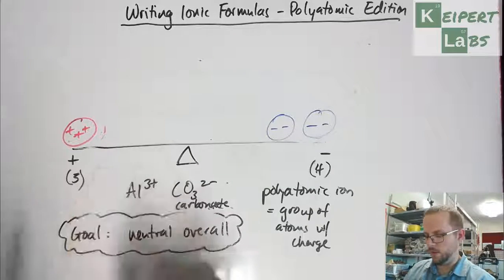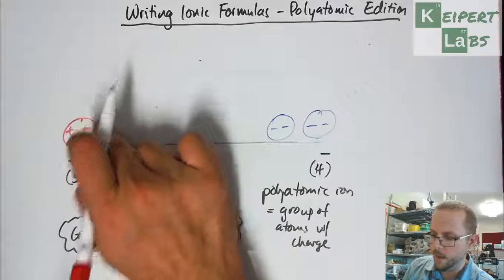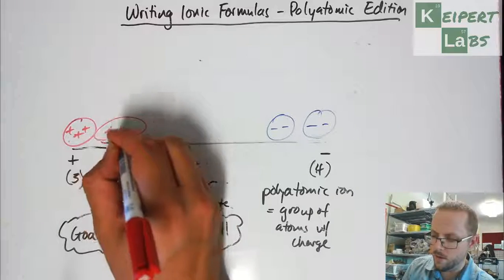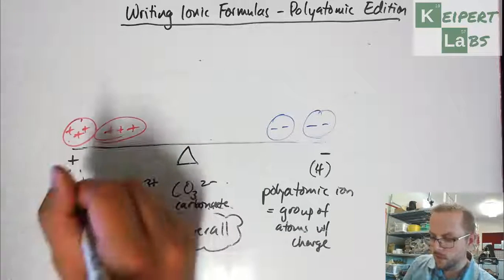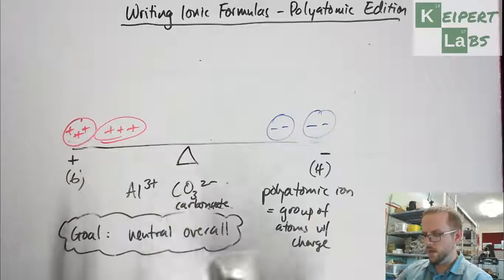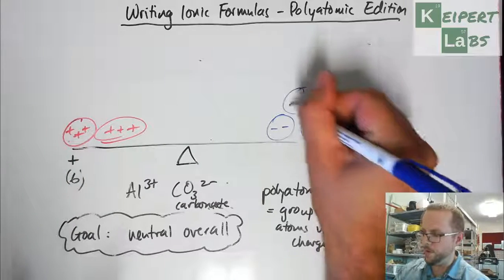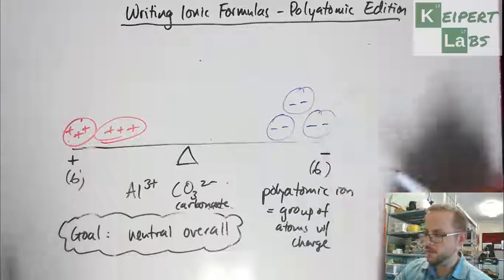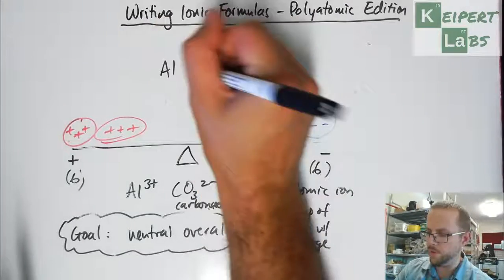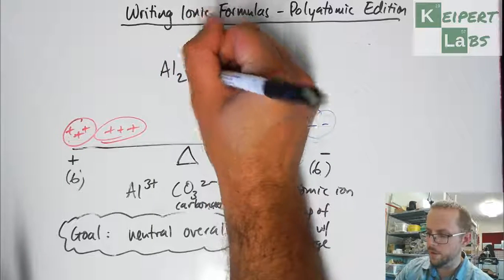So I can then add another 1 over here, which has 3 pluses, so that makes it 6. To even it up, I can go for another 1, which gives me 3 lots of that, making 6. So I end up with, for every 2 aluminiums, 3 carbonate ions.